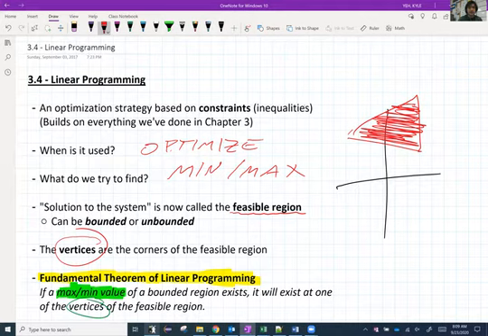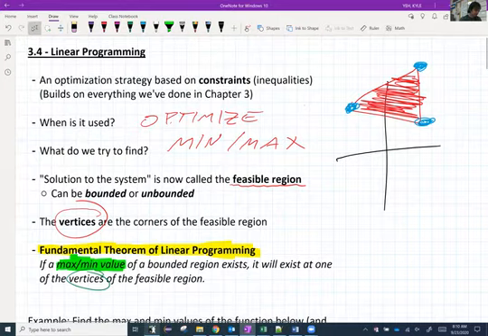Well, instead of having to test every single point in that region to find the min or the max, what this fundamental theorem says is you only have to test 3 points, because the min or the max will be on one of those 3 vertices. And so this fundamental theorem actually saves us a ton of time. We don't need to test anything inside. We don't need to test anything else on the edges, just those 3 vertices. So let's dive in and see what this looks like in a problem.